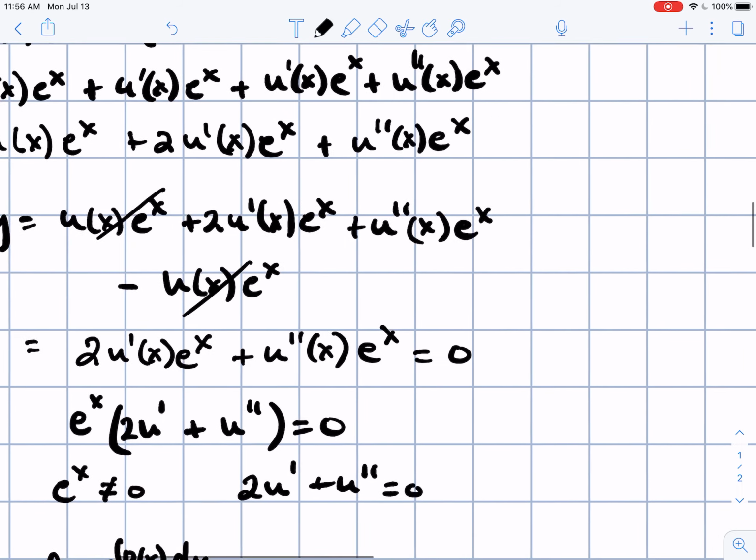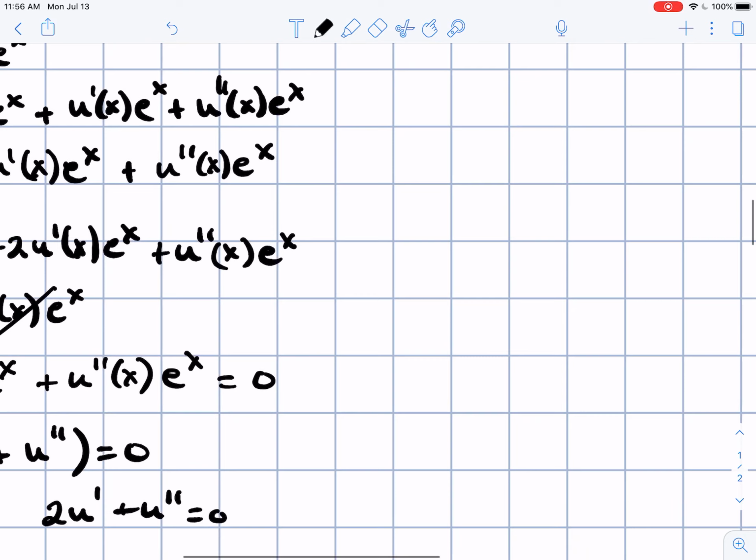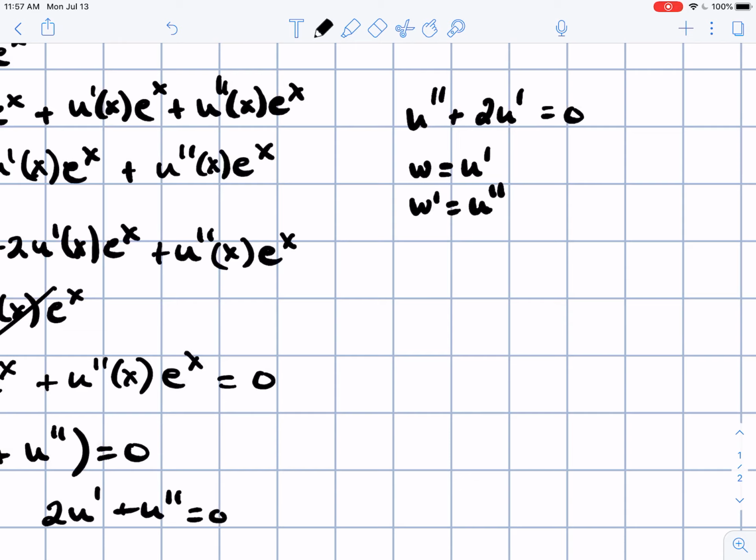All right, I'm going to move this over so you guys can see it. So here, let's just write it this way: u double prime plus 2u prime equals 0. It's not really in the form that we know how to solve yet, but let's just say I make another substitution, w equal to u prime, then w prime would be equal to u double prime, and then I could have an equation that looks like w prime plus 2w equals 0.